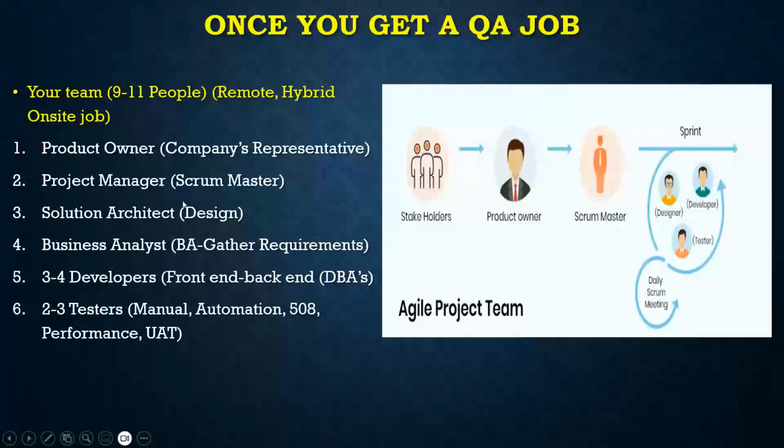Okay. So once you get a job, you would be a part of 9 to 11 people in your team. One of them will act as a product owner, probably the company's representative. But in some companies, we don't consider the product owner a part of the team because they just come in some important meetings and provide their inputs, and they are not worried about what you guys are testing or developing.